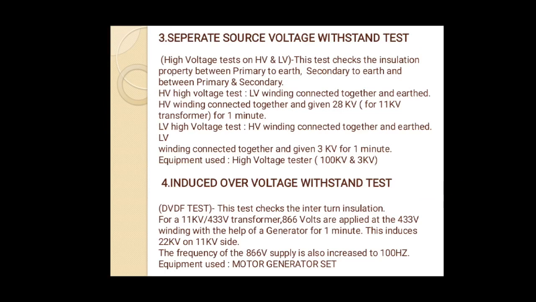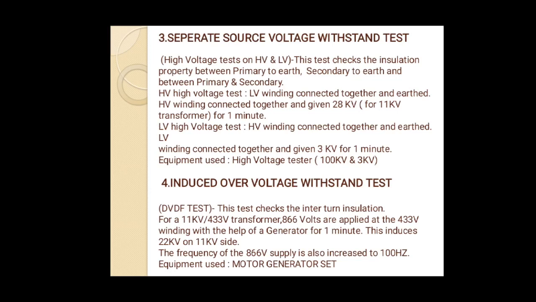Fourth one is induced over voltage withstand test. This test checks the interturn insulation for an 11 kV per 433 volt transformer. 866 volts are applied at the 433 volt winding with the help of a generator for 1 minute.